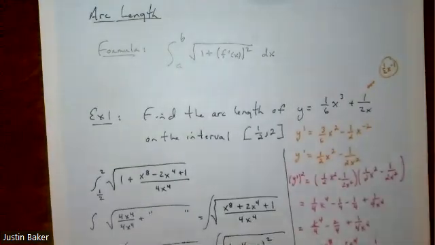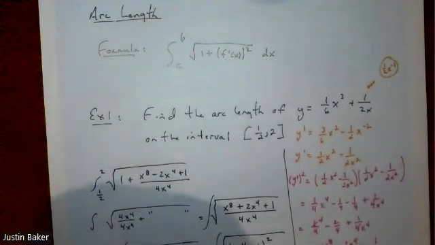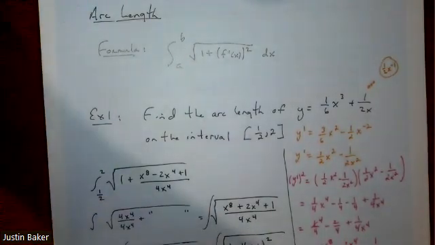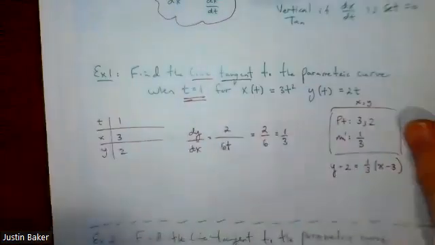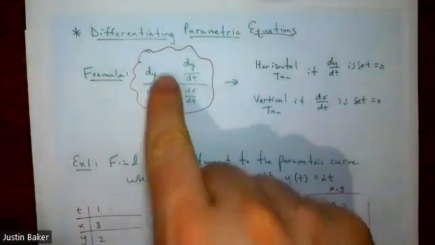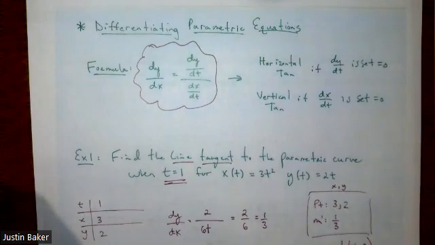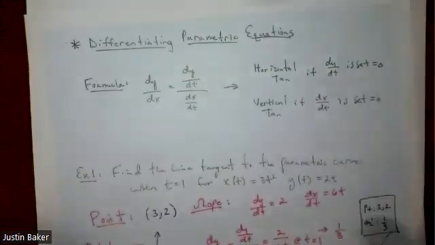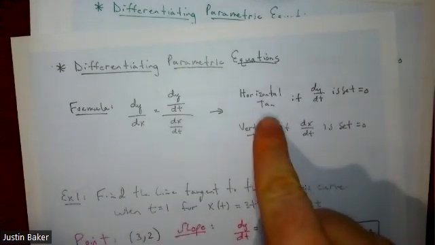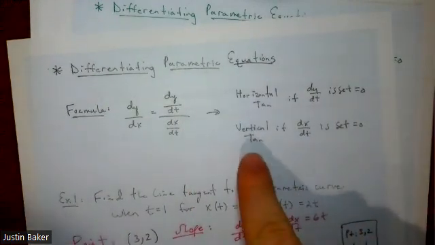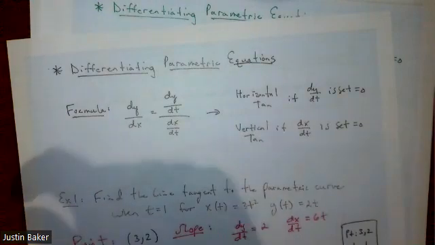Your big takeaway for tonight is we learned 3 formulas. Exiting parametrics after these last 2 nights, there's still some more we're going to do with it, but we should know how to take the first derivative. While we're looking at it, horizontal tangent is set the top to 0. Vertical tangent is set the bottom to 0.